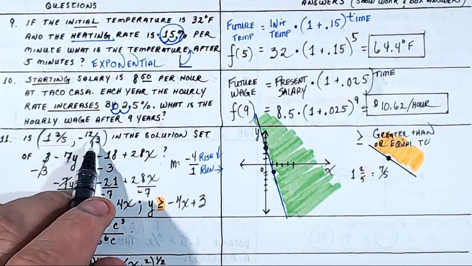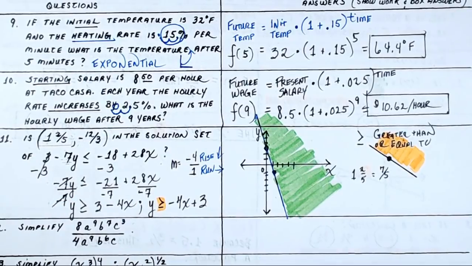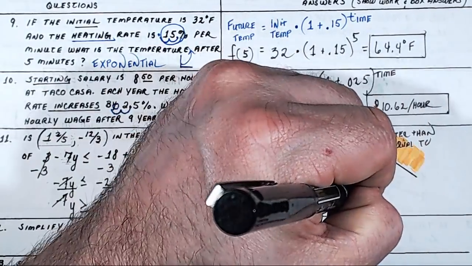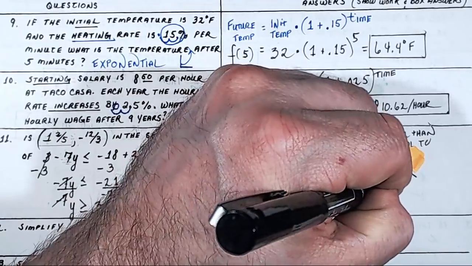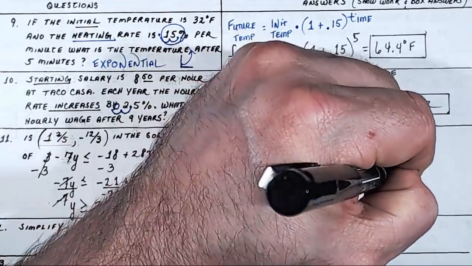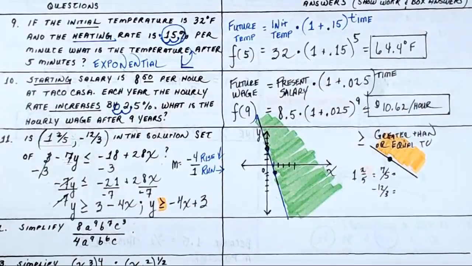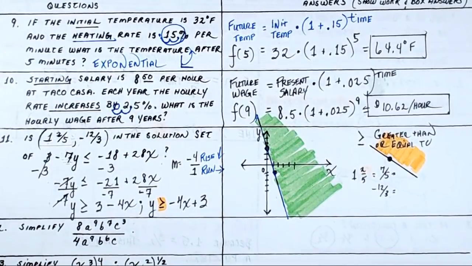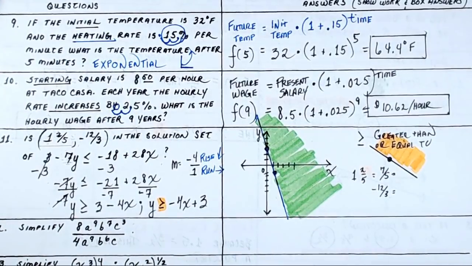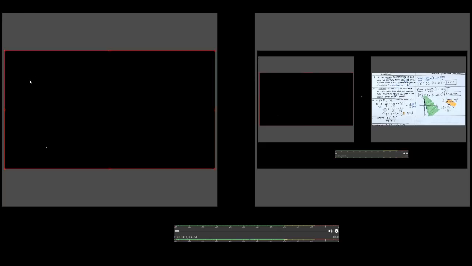Now I've got negative 12/3 as well. And I need to know the decimal forms of these numbers. If you don't want to do it by hand, your calculator can help you here. Just flash over to the calculator really quickly.